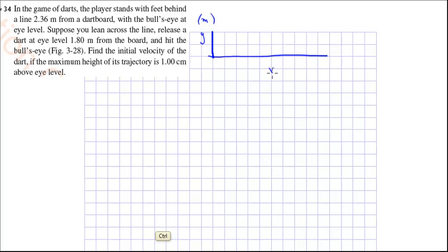This is going to be the x-axis. And let's say that the dart is released at eye level. So let's say this is eye level right here at horizontal. That's supposed to be an eye right there. And the bullseye is right over here. And the dart then does something like this.